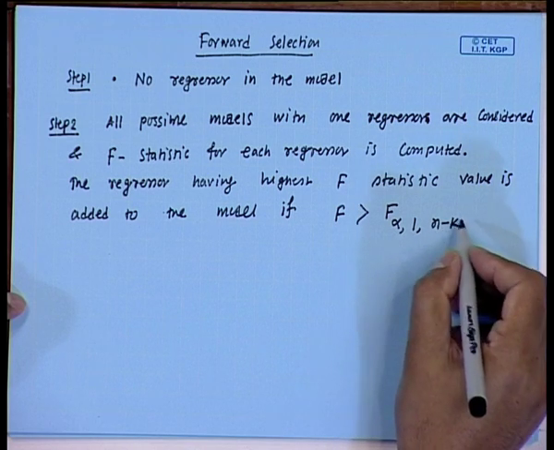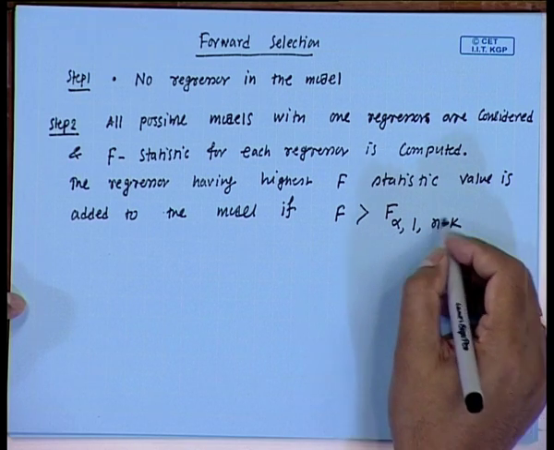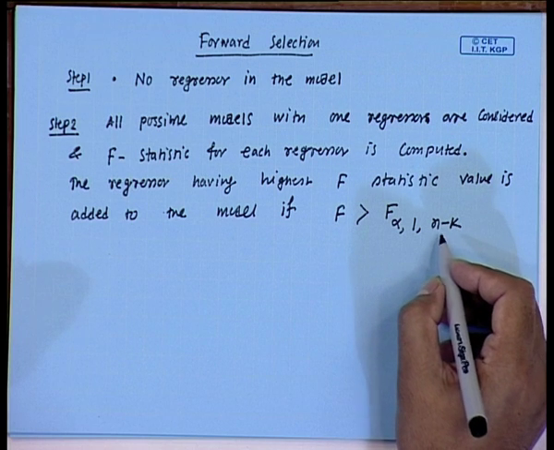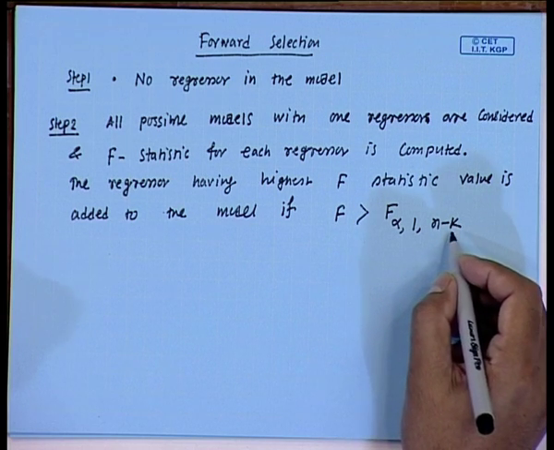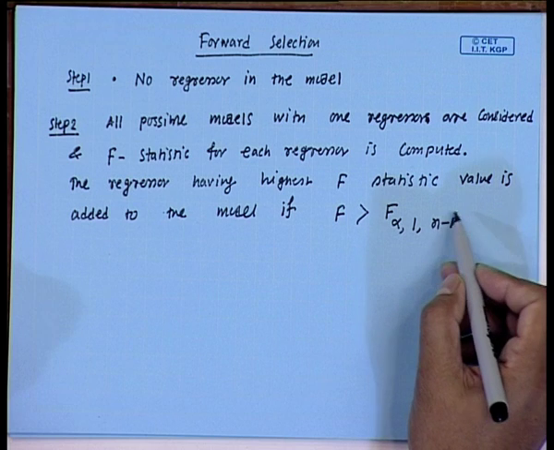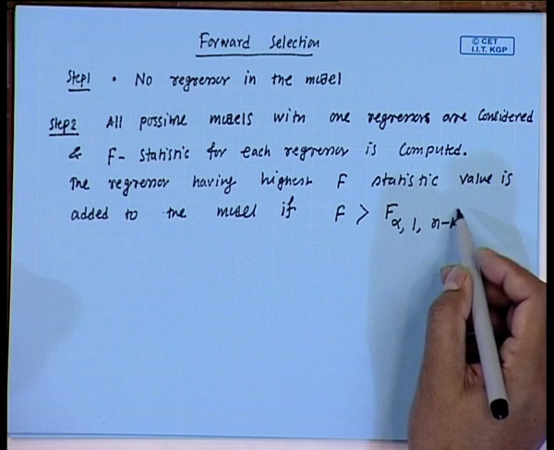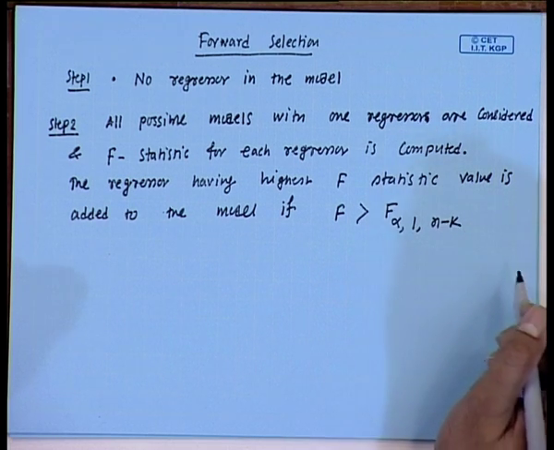This is basically the residual degree of freedom. Sometime in the last class I told that this is the error degree of freedom. So, error degree of freedom and residual degree of freedom are the same.